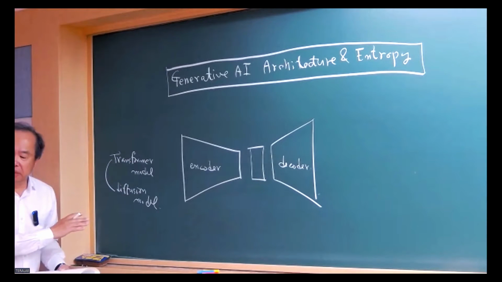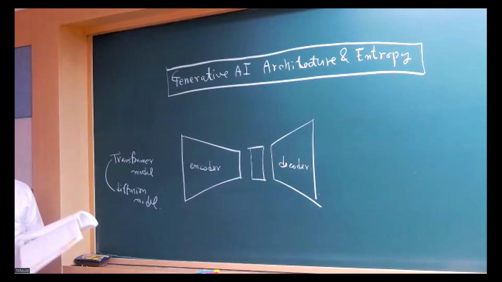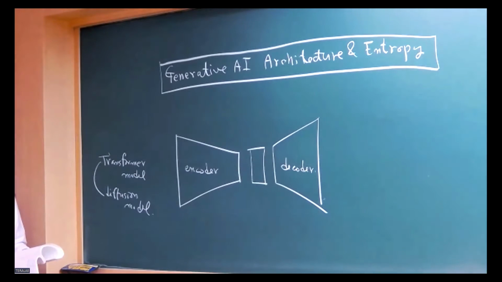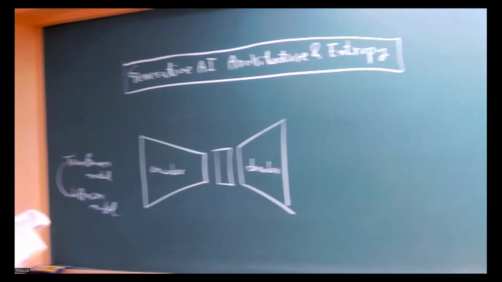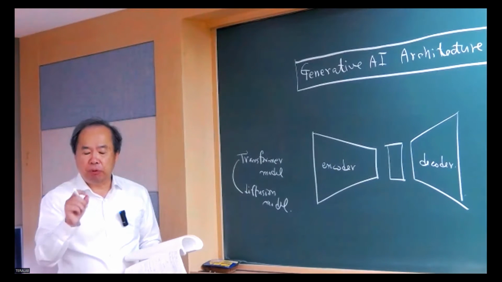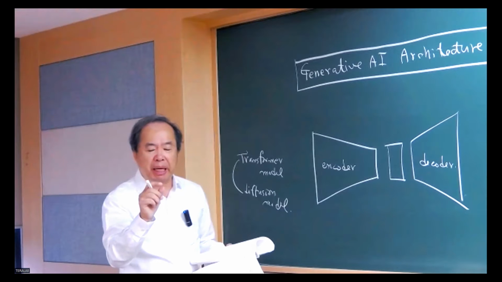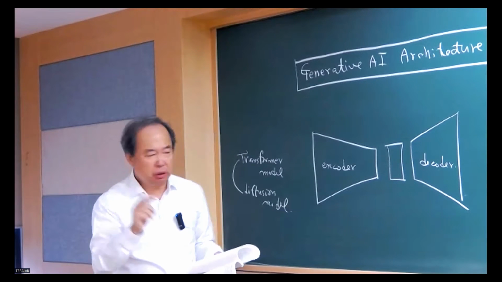These generative AI models may be used for your term project as a tool to design your circuit, antenna, or packages. When you are designing those electronic circuits using this generative AI, you may need to estimate the output. For example, if you design your circuit, you may have to estimate the gain of your circuit.